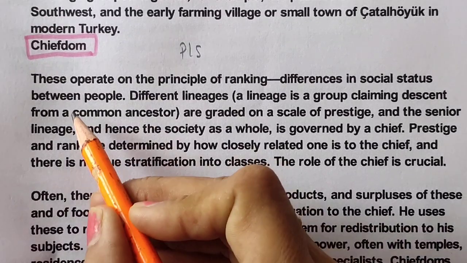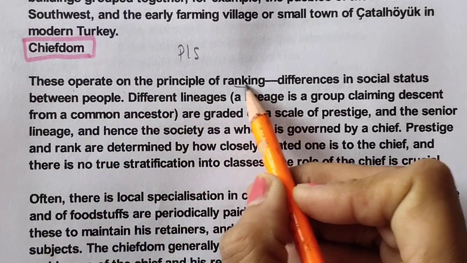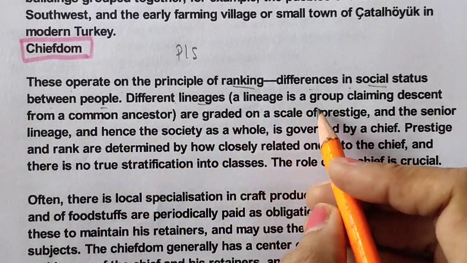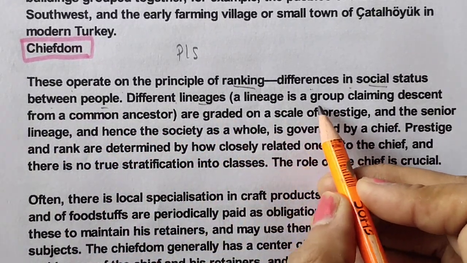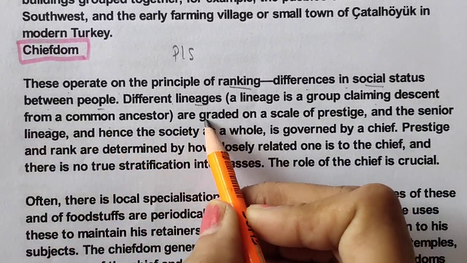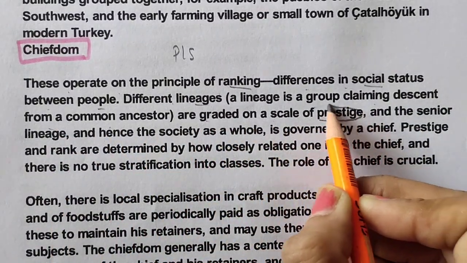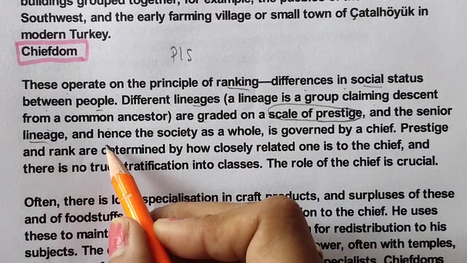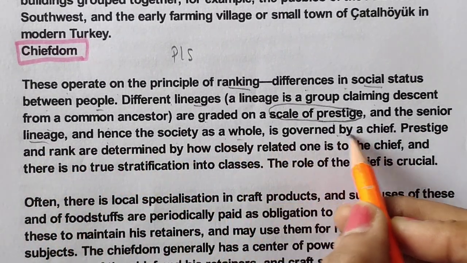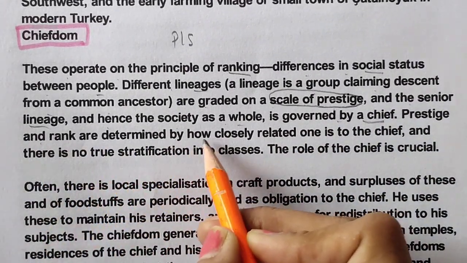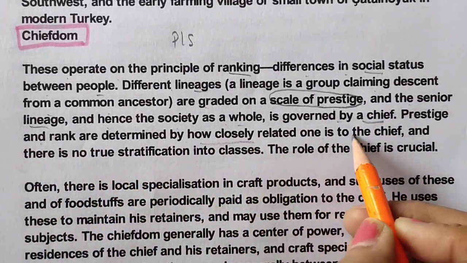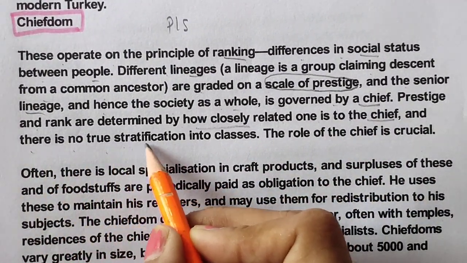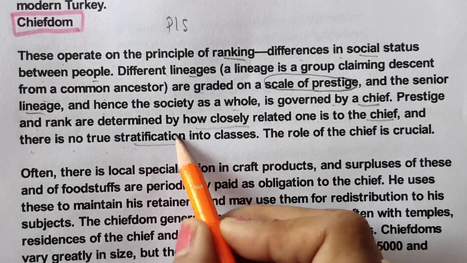So chiefdoms operate on the principle of ranking, differences in social status between people and different lineages. A lineage is a group claiming descent from an ancestor. These are graded on a scale of prestige, not land, and the senior lineage, hence the society as a whole, is governed by a chief. Prestige and rank are determined by how closely related one is to the chief, and there is no true stratification into classes.